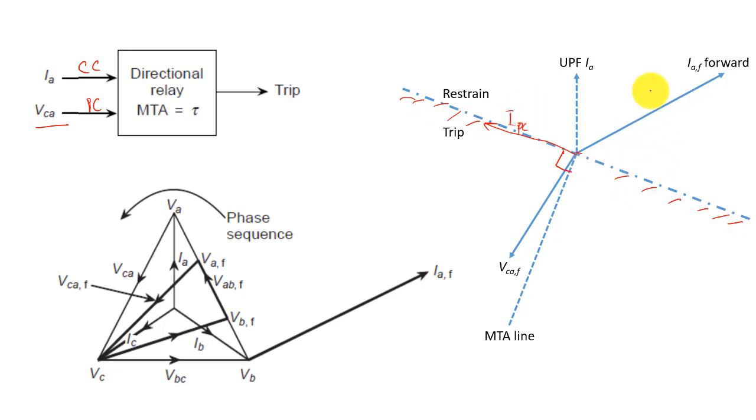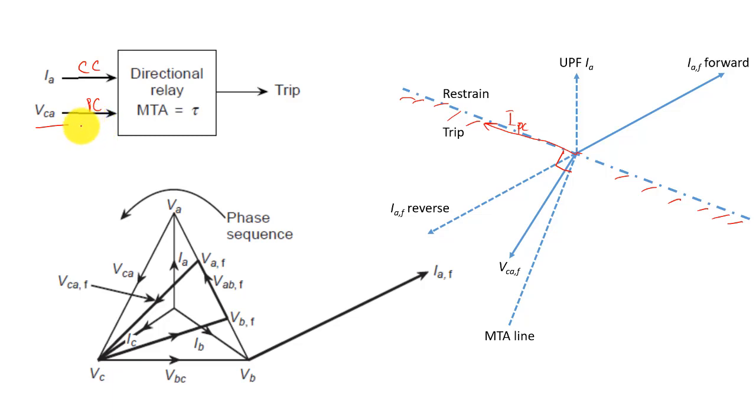From the phasor diagram, we can easily see your IAF, that is the forward fault current, is lying in the restraining region, and in fact the reverse current is lying in the trip region, which is undesirable. So this kind of connection is also undesirable, where we are feeding VCA to the pressure coil.